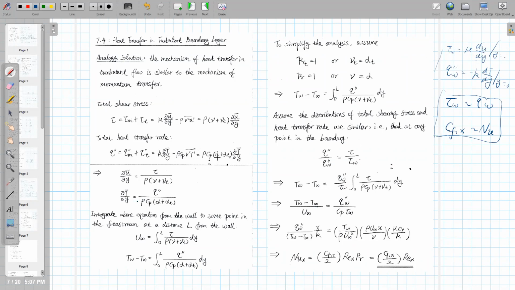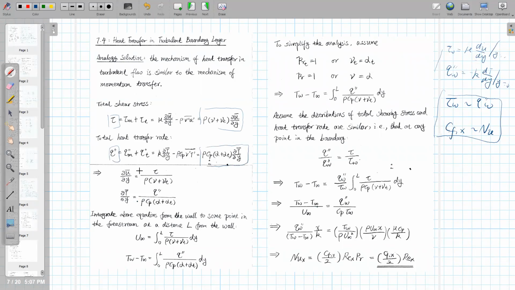This alpha is the mean bulk thermal diffusivity, and this alpha t is the eddy thermal diffusivity. So we can rewrite these equations.